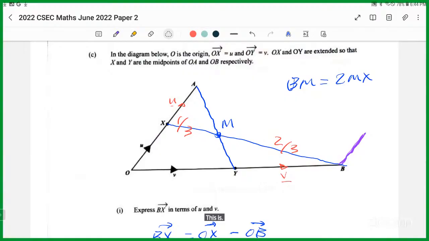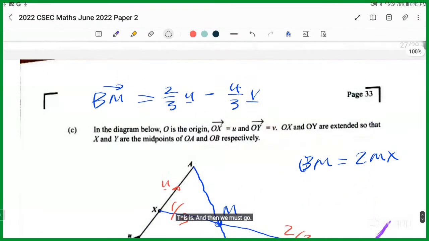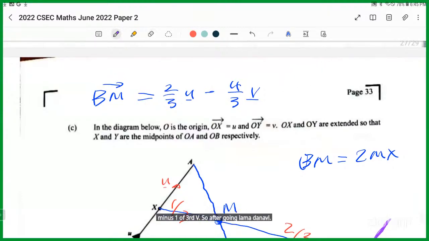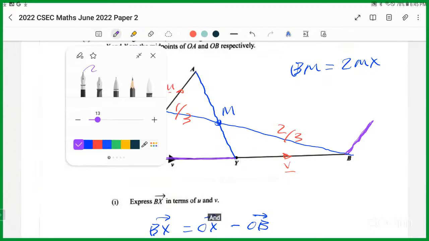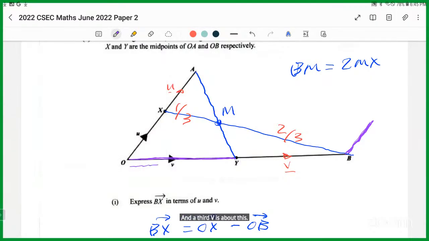And then we must go minus 4/3. No, 4/3 is minus 1 1/3 v. So we're actually going longer than a v. So this is a v, and a third of v is about this.